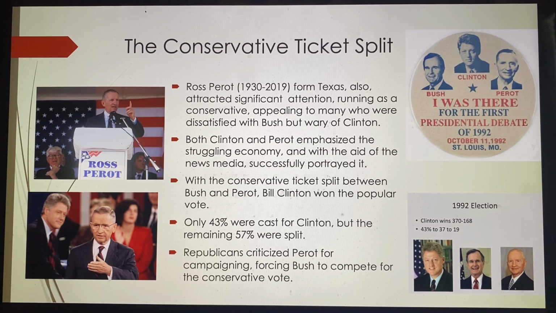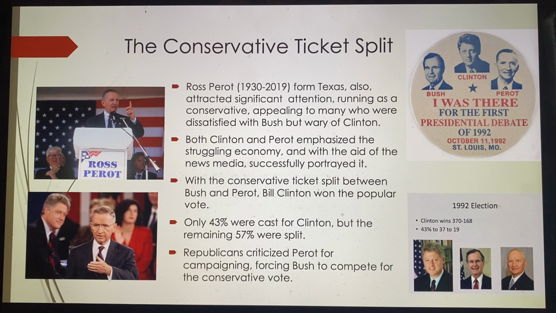So Ross Perot here, and he lived 1930 to 2019. He was from Texas, and he also attracted significant attention running as a conservative, appealing to many who were dissatisfied with Bush, but were very wary of Clinton. So he was the third party.